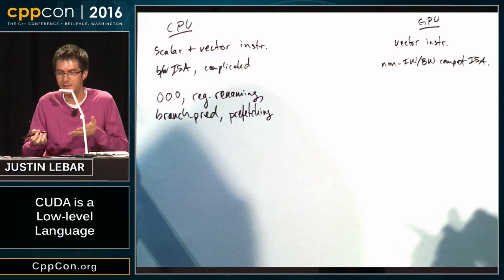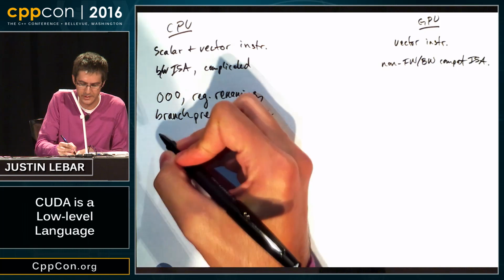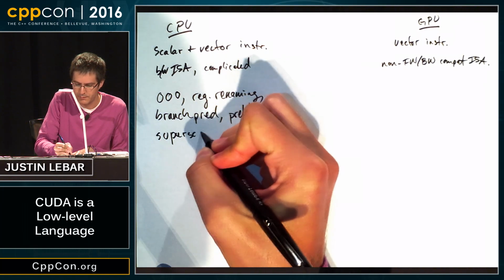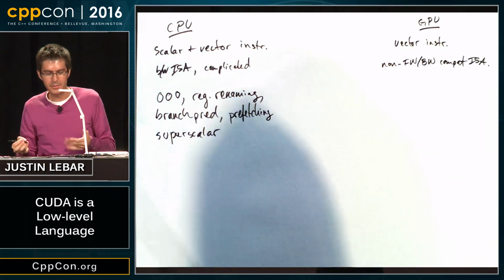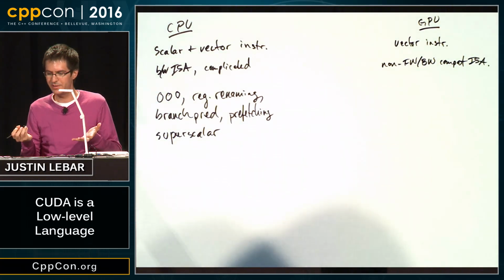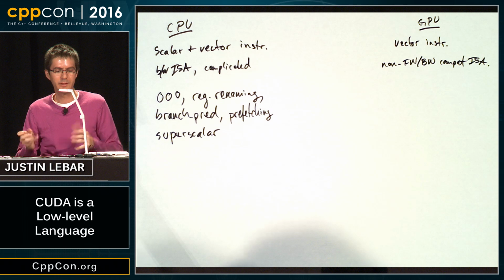If the data isn't there, it's very expensive for us because our core is just sitting around doing nothing. And the CPU is highly superscalar, meaning the CPU tries to do many different things all at the same time. I think these new Skylake CPUs have 7 ports on them, so they can do 7 different things, with some constraints, at a time.